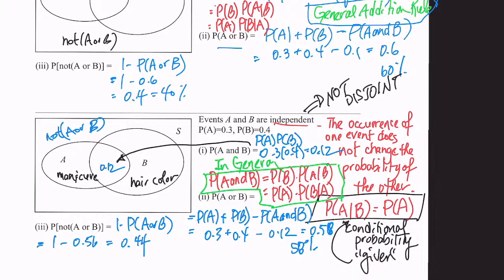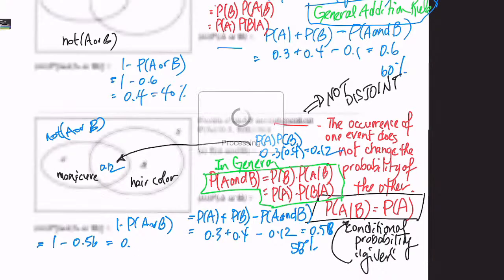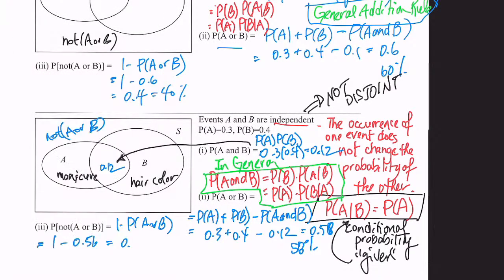So then this one would be 42%. Sorry for that miscalculation. Right, 58%. Okay?